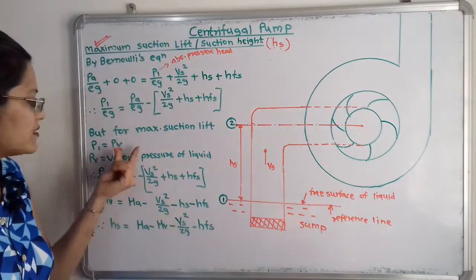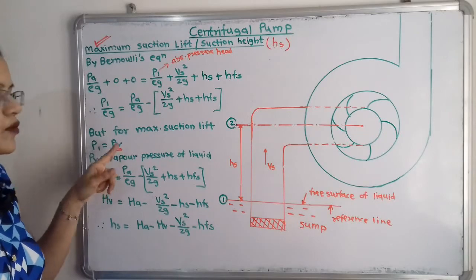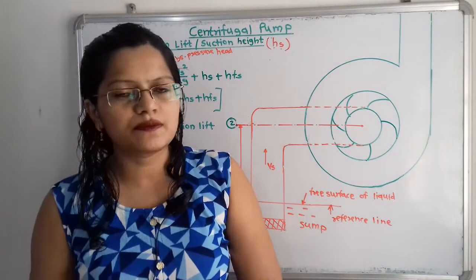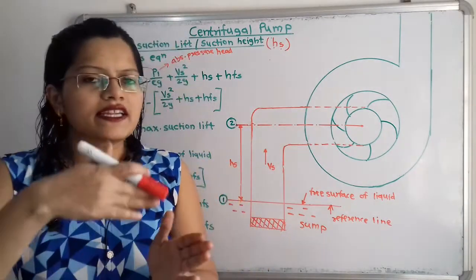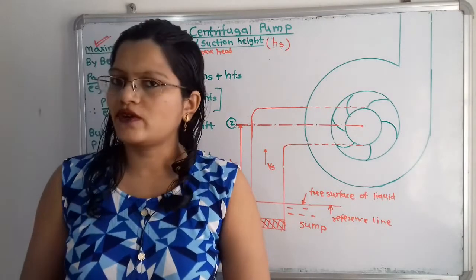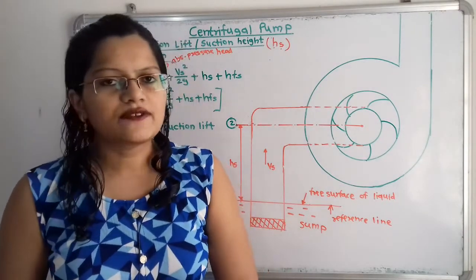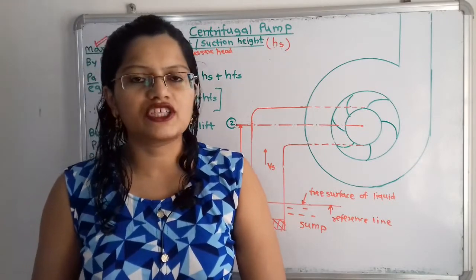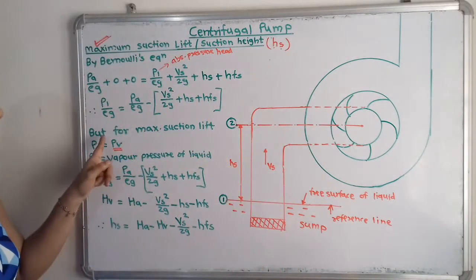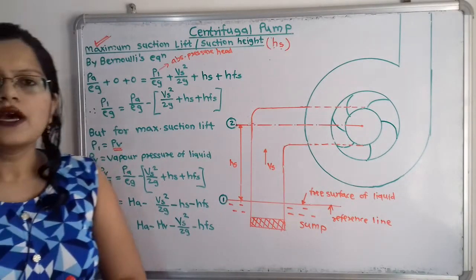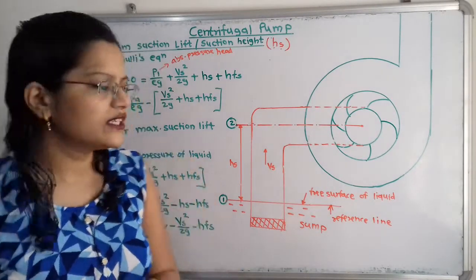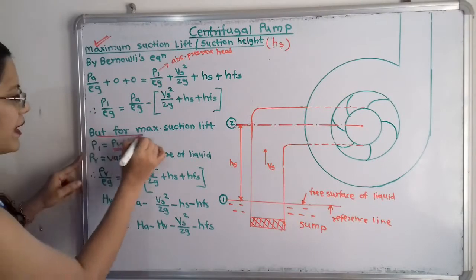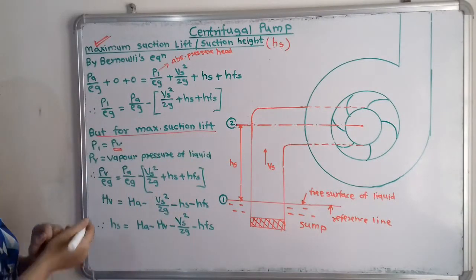And suppose the pressure is increased more than this vapor pressure Pv, then the liquid gets converted into vapor or gaseous state, and that's why cavitation occurs. So to avoid cavitation, we should not increase the pressure more than this vapor pressure. So this is the condition for the maximum suction lift.